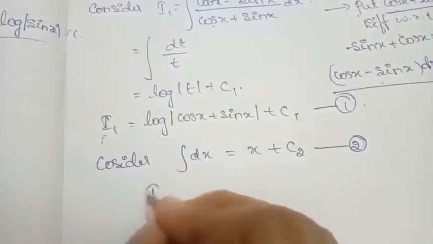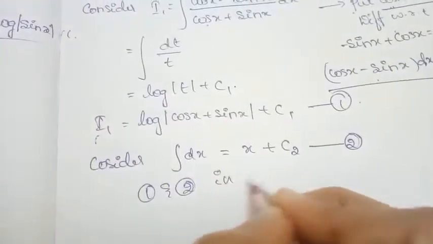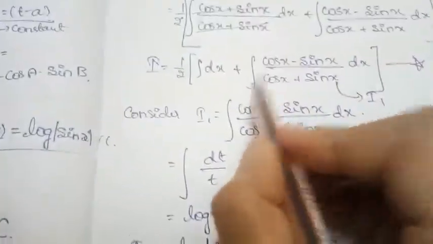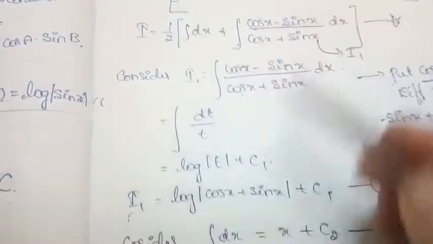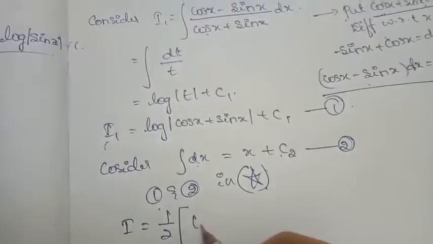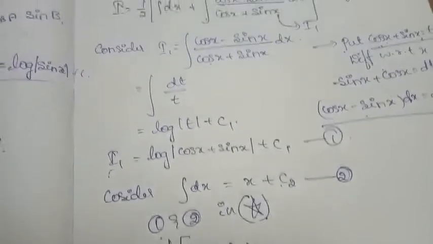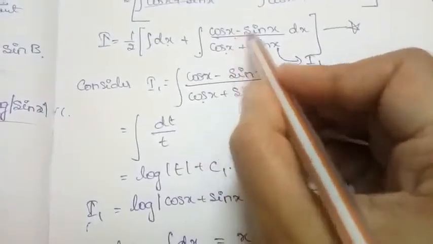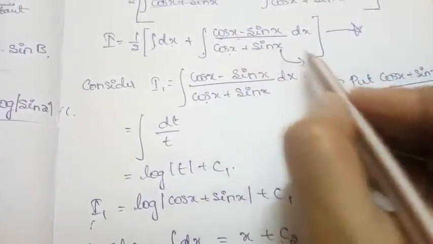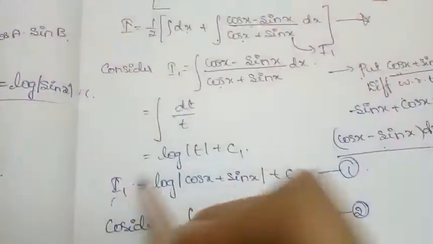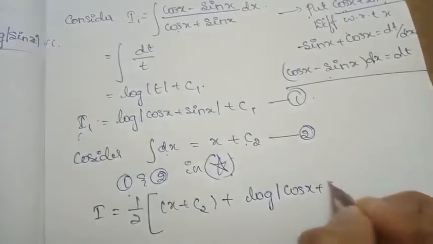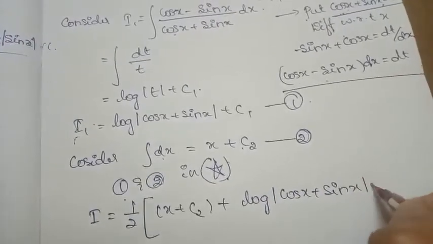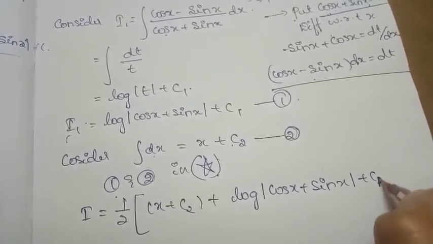Now I am substituting 1 and 2 in the equation star. Our I is equal to 1 by 2 big bracket, integration of dx, which we got as x plus c2, plus the integration of cos x minus sin x divided by cos x plus sin x, which I took as I1, and I got I1 as log of mod cos x plus sin x plus c1.